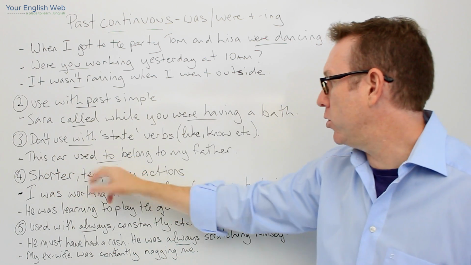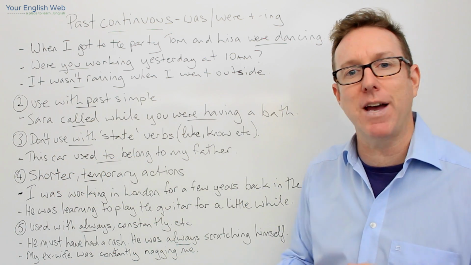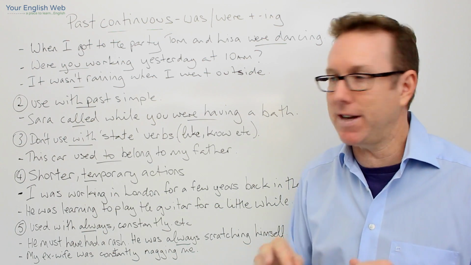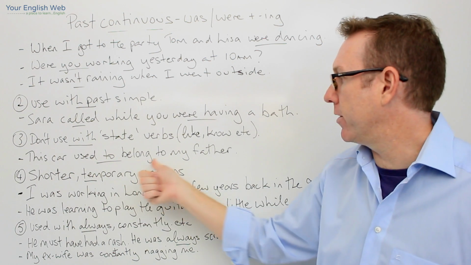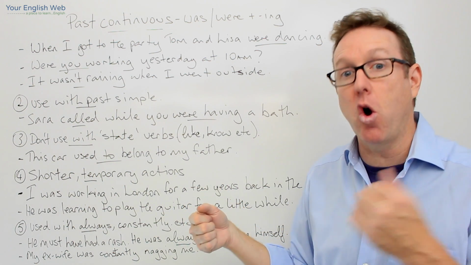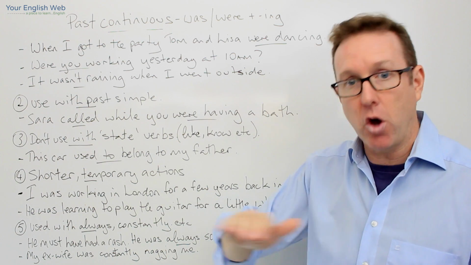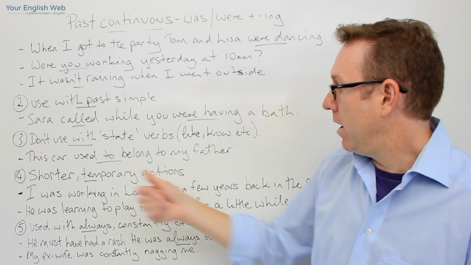So, this car used to belong to my father. We couldn't say this car was belonging to my father, okay? We couldn't say that. This car used to belong to my father, or this car belonged to my father, okay? So with the state verbs, no continuous tenses.